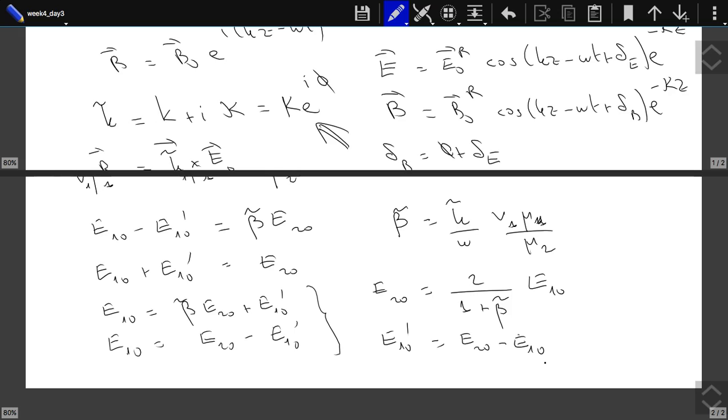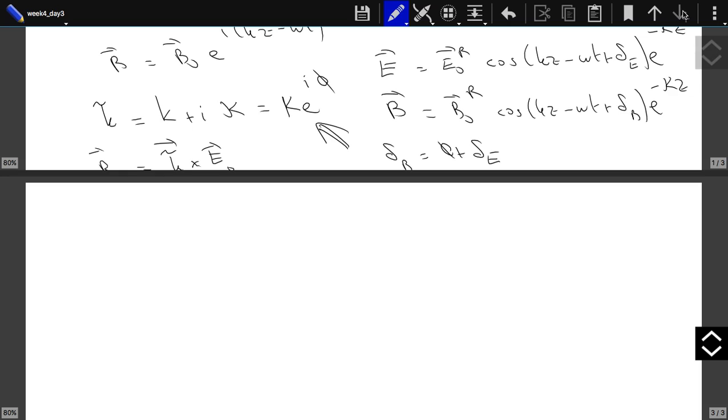From this equation, E10 prime is just this minus this one. We already had determined what E20 is, and this becomes 1 minus beta tilde divided by 1 plus beta tilde E10. So we know the reflected wave, we know the transmitted wave, etc.